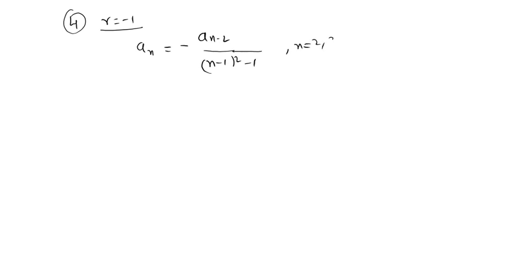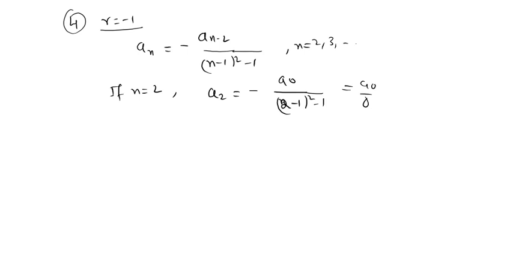In other words, the radius of convergence of J1(x) is infinite, so it converges for every value of x. And for the last part, if I take the smaller root r equal to minus 1, then the recurrence relation is a_n equal to minus a_(n minus 2) upon ((n minus 1) square minus 1), n equal to 2, 3, etc. So if n equal to 2, what will happen? 2 minus 1 is 1, 1 minus 1, a0 divided by 0.